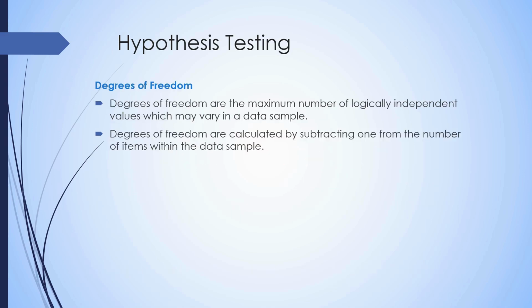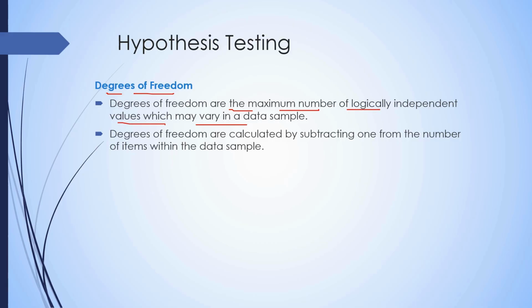Now the concept that we need to know is degree of freedom. Degrees of freedom is also a concept that I have explained in detail in the one-way ANOVA video. So I request you all to go and watch that first before you come to this video. I'll add the link in the description for your ease. So degrees of freedom are the maximum number of logically independent values which may vary in a data sample.